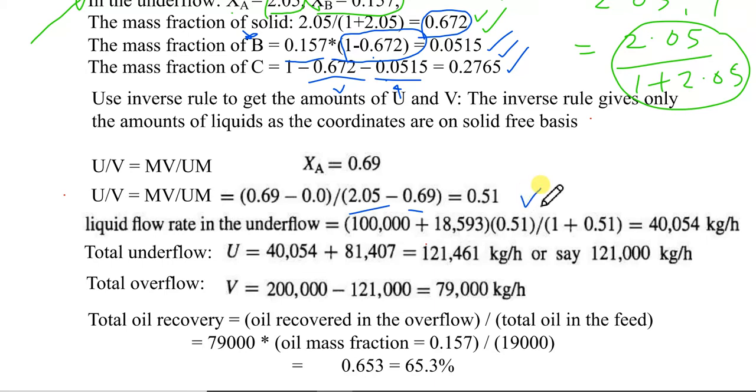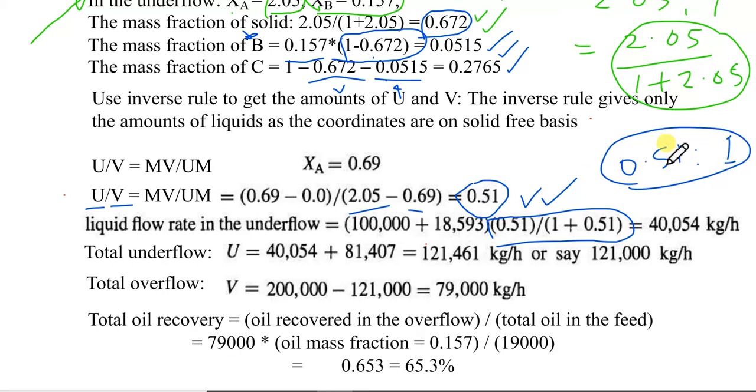That ratio is this. From the ratio we can get the fraction, so 0.5 is to 1. Suppose this is the underflow, and this is the overflow. So total is 1.51.